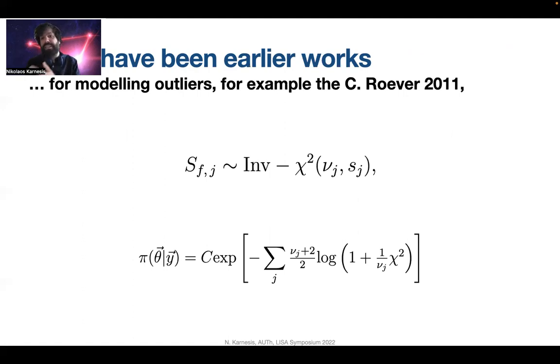And just as in this earlier work from Christian Röver back in 2011, after assuming some priors for the power spectral density of the noise, you can write down this Student-t likelihood, where now there is this free parameter nu that can depend on the data, and it basically tunes the tails of the distribution, so it has fatter tails than the usual Gaussian one.